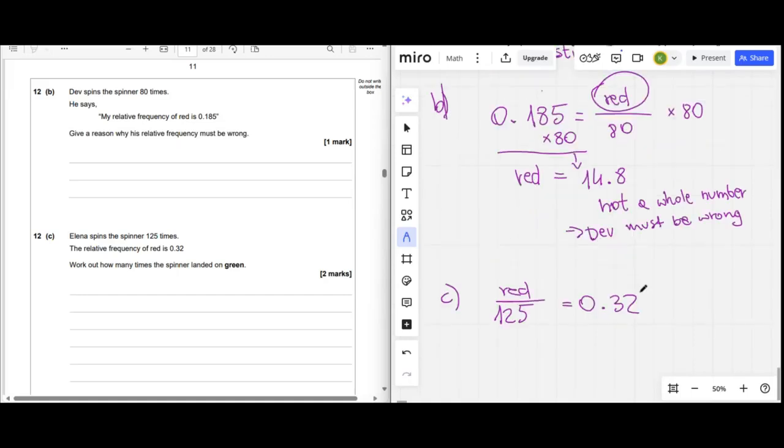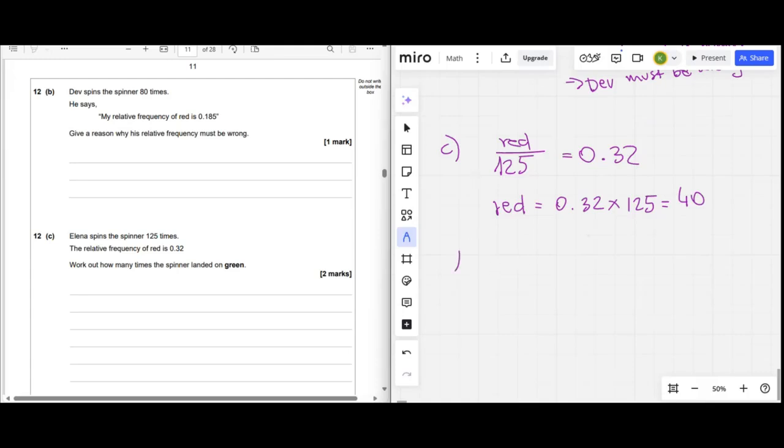Similar to the other one. 0.32 times 125. Yes. Which is 40. Okay, so total being 125 minus 40 of red, that will be green.